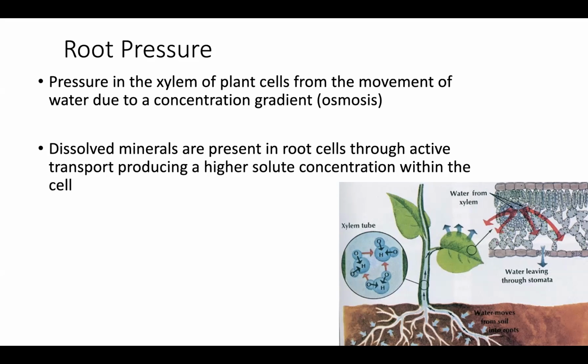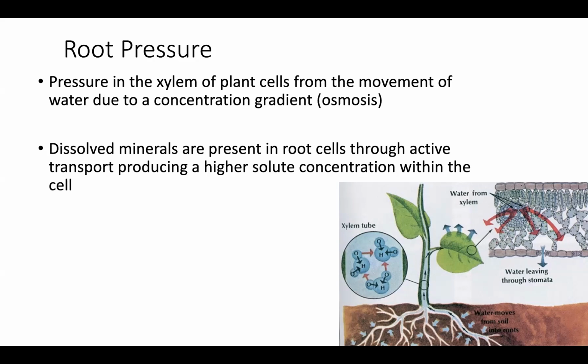So if there's a higher concentration in the roots than in the soil, to continue to move those nutrients and ions into the plant, we need to spend energy. So that's why dissolved minerals are transported into the roots through active transport.